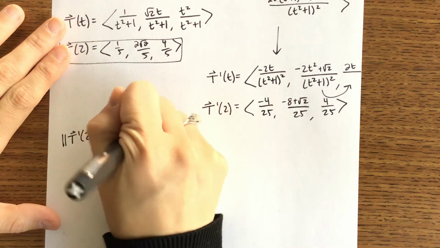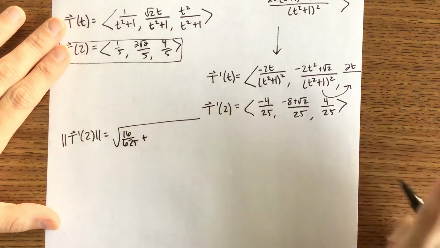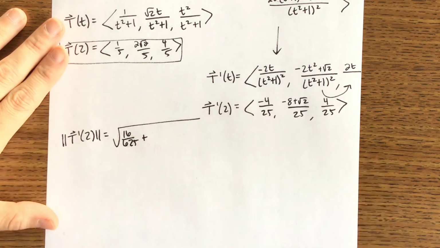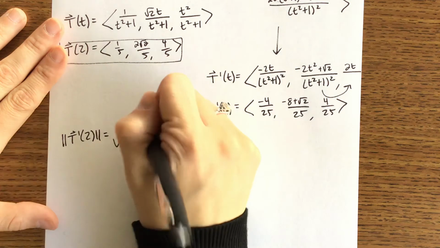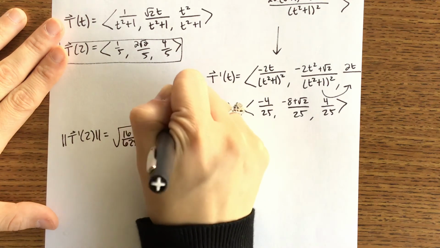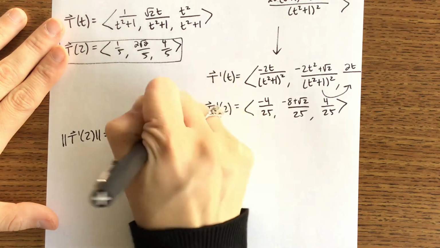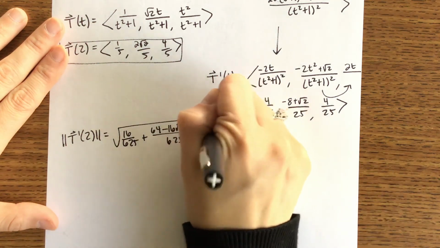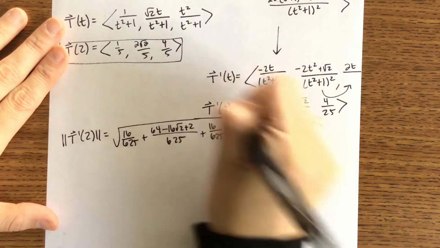So we get 16 over 625. Remember, when you're squaring that, you're going to have to FOIL or multiply the binomial correctly. Don't distribute the squared. So you'll get 64 minus 16 root 2 plus 2, all of that over 625, plus 16 over 625 again.